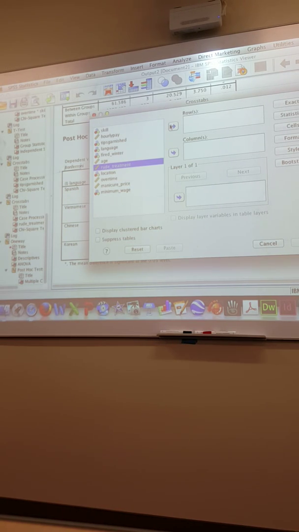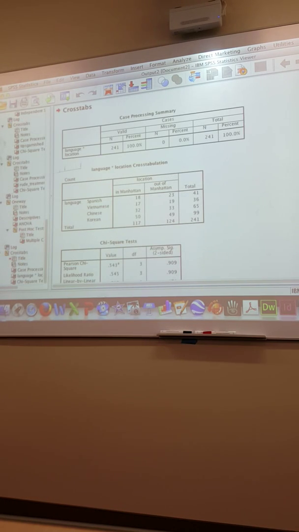Inside and outside. Yeah, it's location. Inside and outside the city, right? And the thing that we're looking at the categories for are the proportions, right? That's language. And when you see that, are the proportions different inside versus outside the city? P equals 0.909.